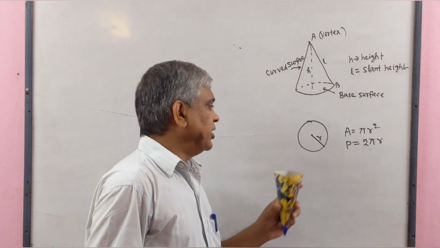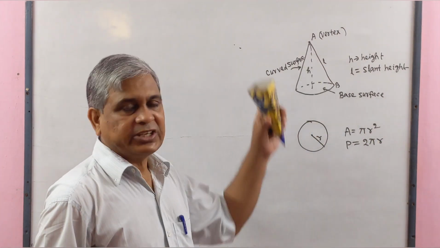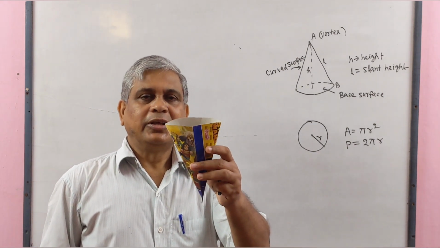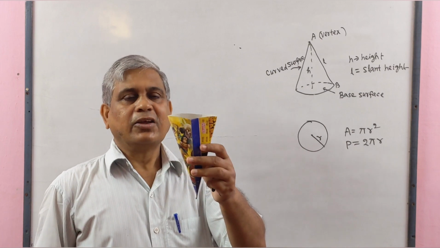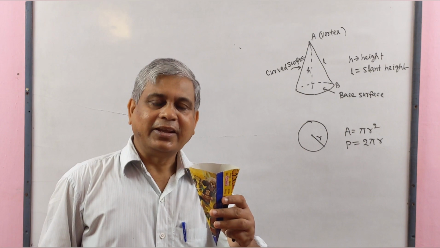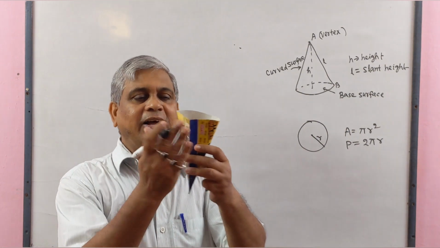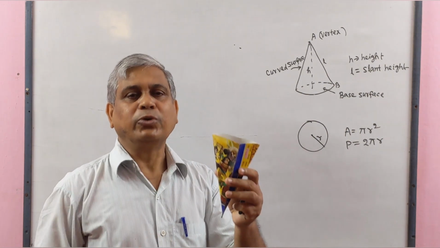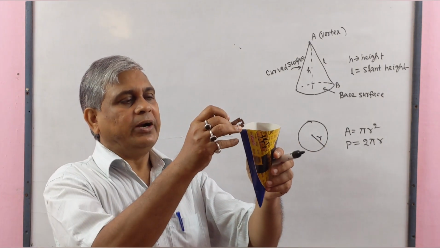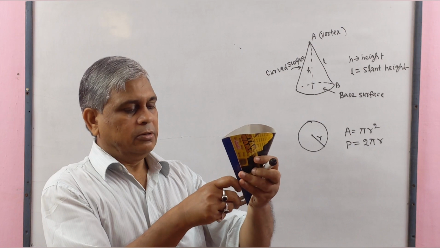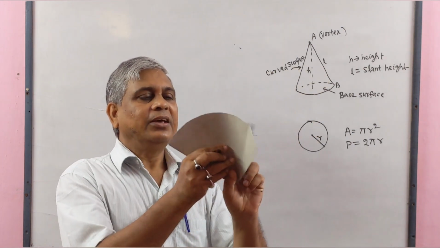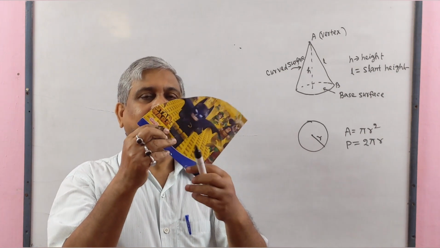Now, with the help of these concepts and also with the help of this structure, experimentally we want to find the area of the curved surface of the cone. If we cut this part, we get this cone as a sector of a circle.